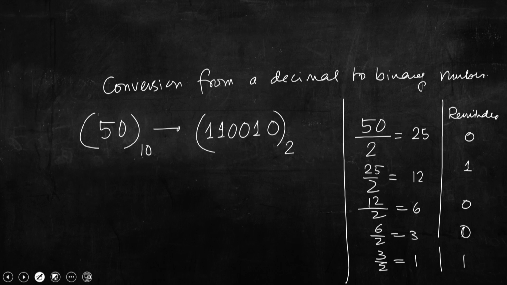If I take this, this is the 2 power 0 position, this is 2 power 1, 2 power 2, 2 power 3, 2 power 4, and this is 2 power 5. Now, 2 power 5 means 32 into 1.